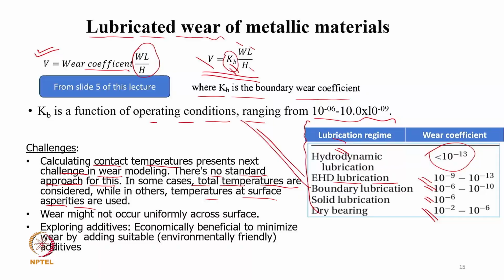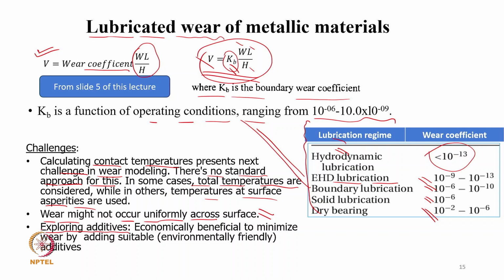So there is a challenge: which temperature should be utilized to calculate the overall behavior? Another thing is that whatever we are assuming when using this equation may not occur at every place. Here we are estimating the gross behavior, not a localized behavior. If we want a more perfect behavior, we need to go for localized behavior. One more point: what will be the additives?